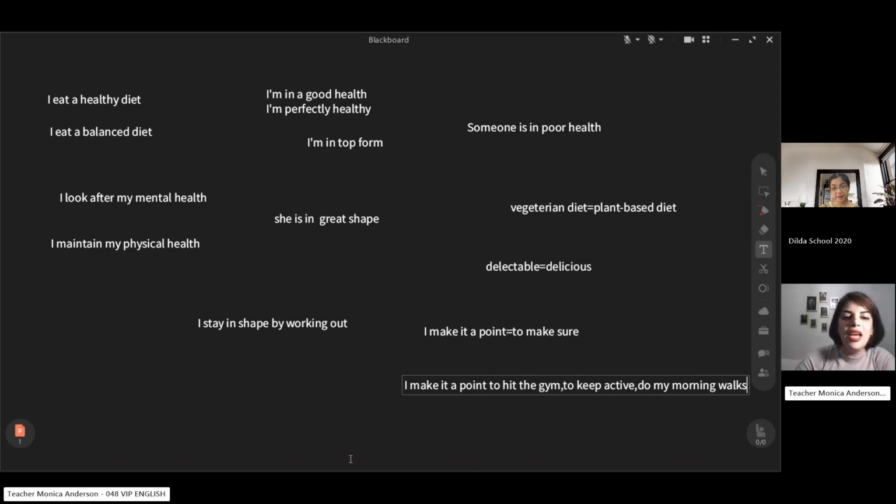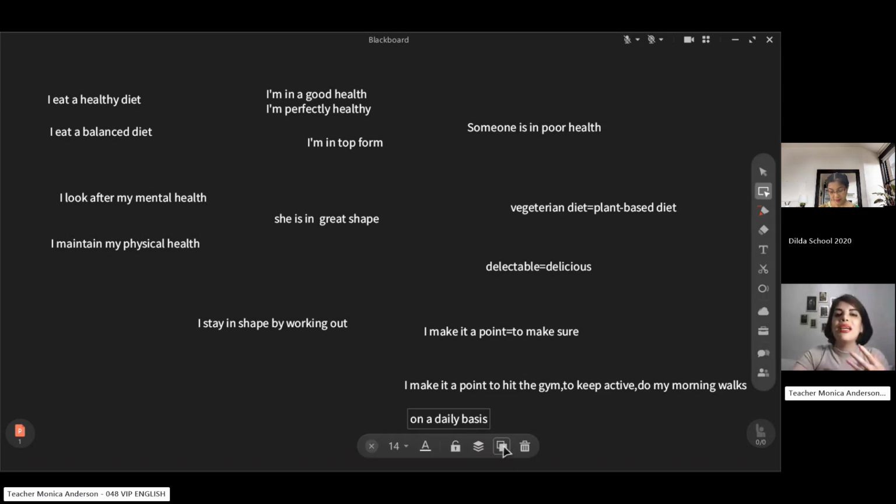So you can say, for example, on a daily basis, on a weekly basis, so of course you do it every day, on a daily basis. So this one is good. So I make it a point to hit the gym, to keep active, to do my morning walks on a daily basis. It means I do them because they're important.